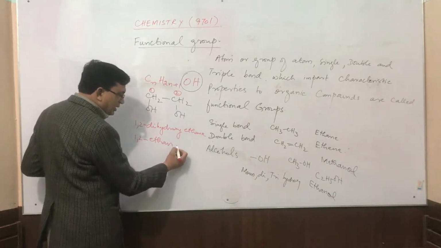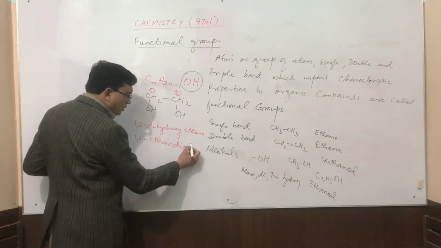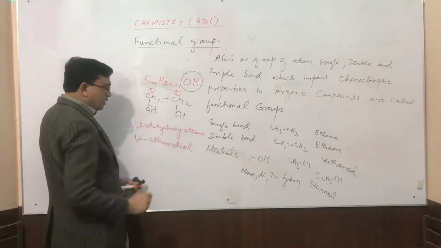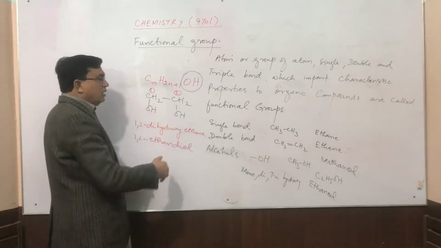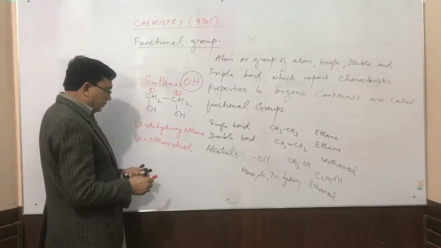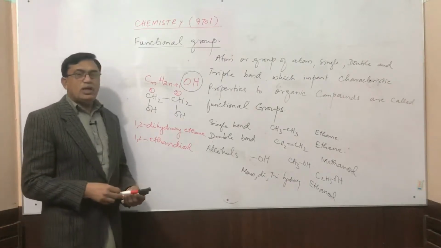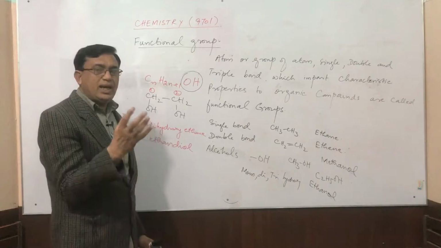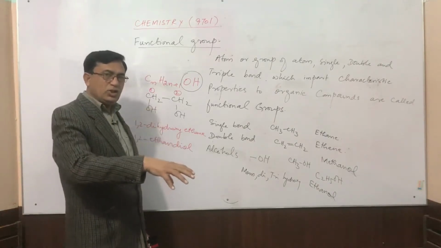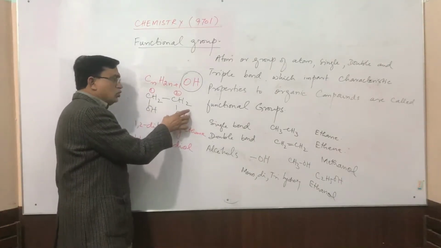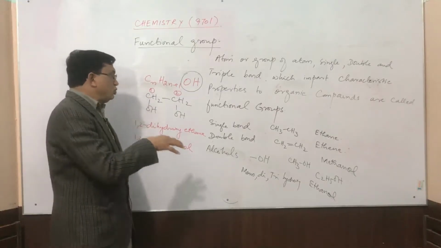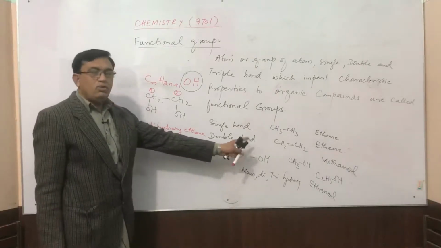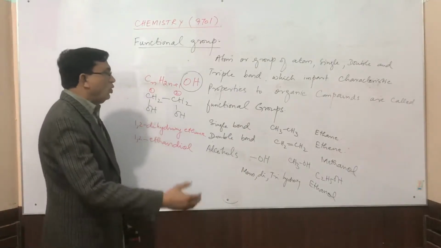Now removing E, we can write diol, ethanediol. This is also the name of this alcohol. Similarly, there might be so many other alcohols which contain more than one OH group. So the OH group can also be mentioned as a branch, as a substituent, or this OH group can be used to mention the name according to alcohol, removing E of the hydrocarbon by ol.